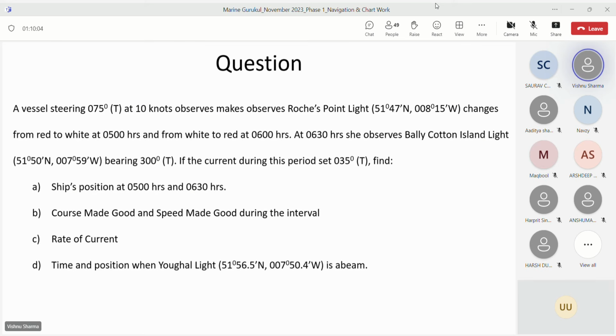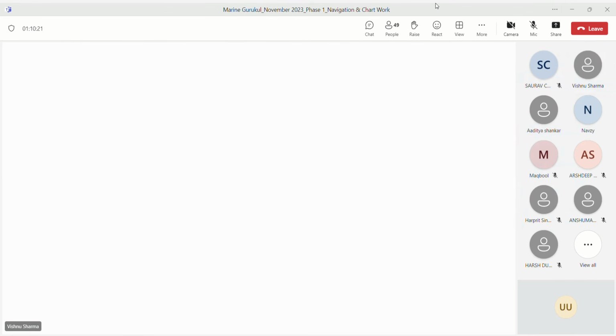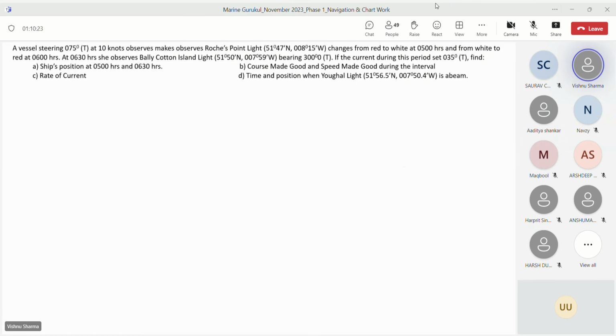So they will not meet at one point. Therefore, running fix, this 3-point bearing with running fix fails. And that's why we are going into fish triangle. Is that clear, beta? Yes, sir.